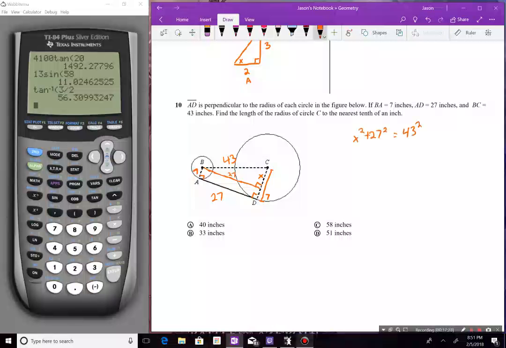So go to our calculator. 27 squared gives us 729. And 43 squared gives us 1849. So x squared plus 729 equals 1849.